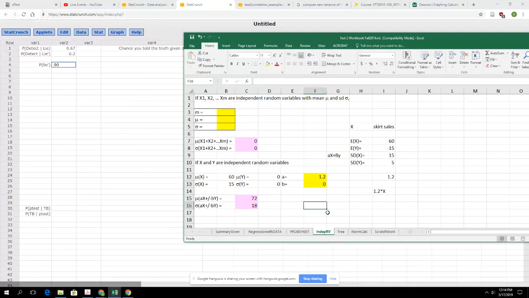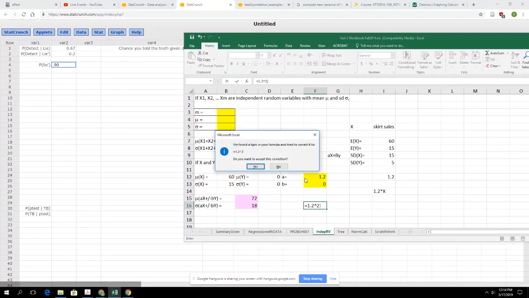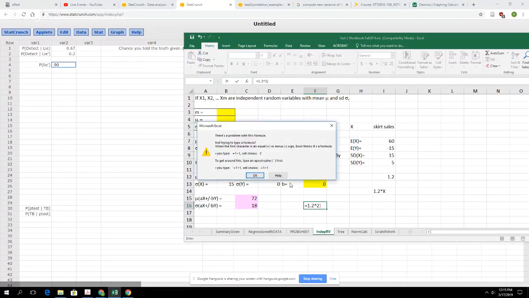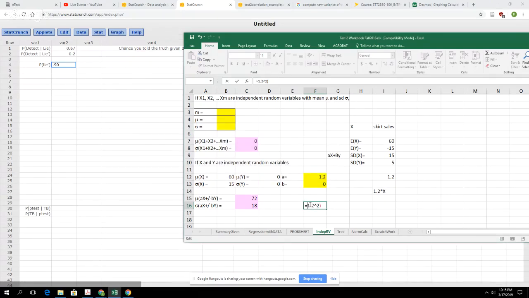You can check things like, does 1.2 squared, sorry, hold on, let's see here. 1.2 squared times my standard deviation squared, 25.